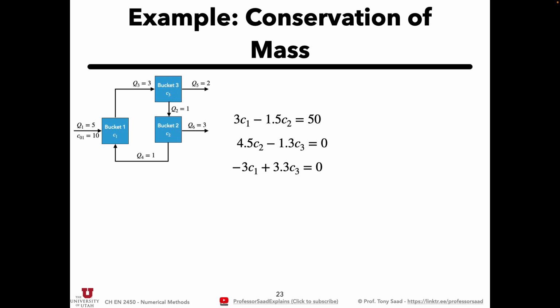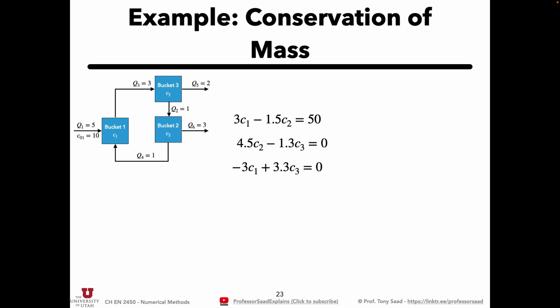Equation 1 has a C1 coefficient of 3, so C1 minus 1.5 C2, plus 0 C3. Equation 2 is missing C1, so it's 0 C1, 4.5 C2, minus 1.3 C3.